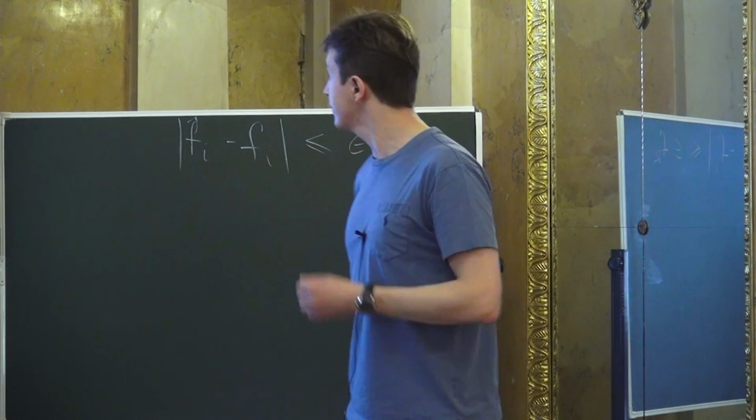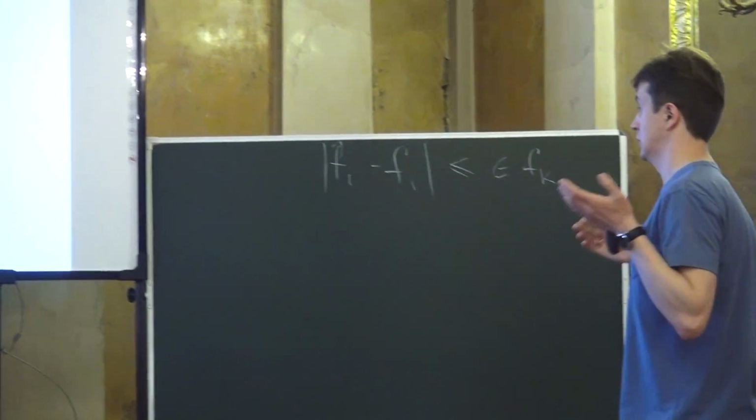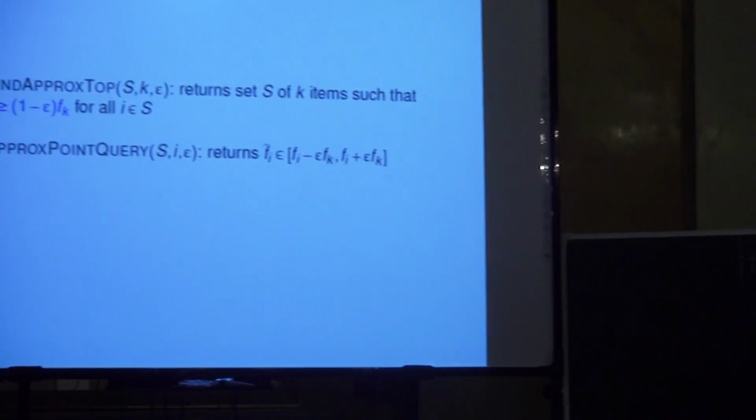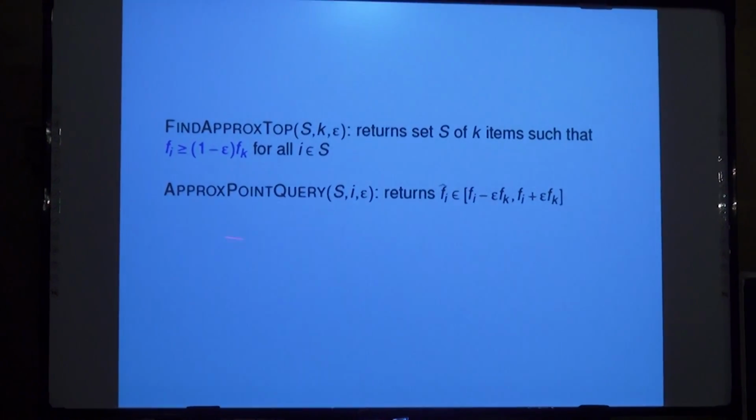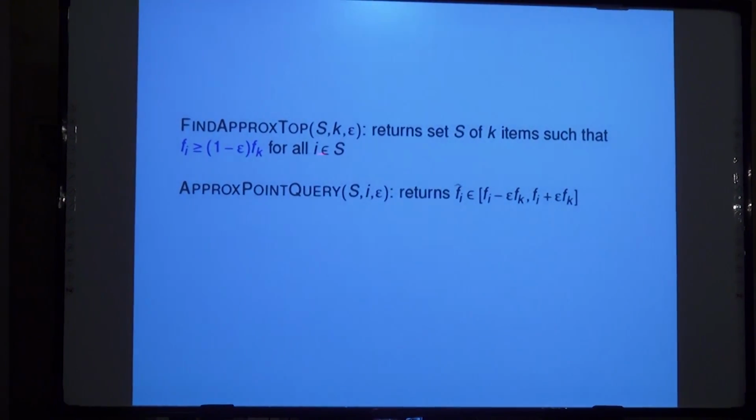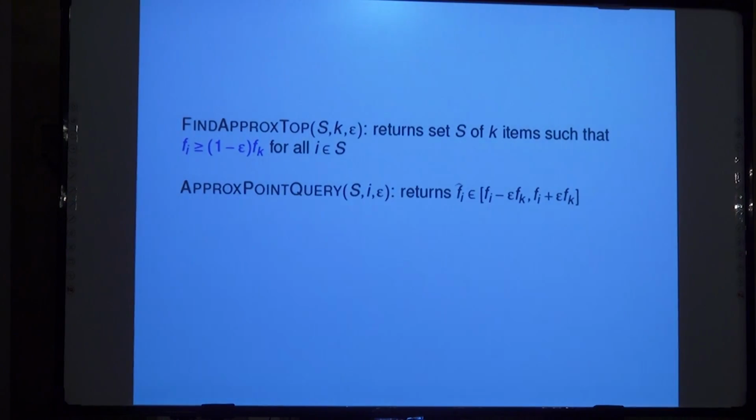All right, good. So a moment of contemplation reveals that if we design this approximate point query primitive with parameter epsilon, that will give us the guarantees that I just stated on the frequency counts f_i hat, then find approximate top will return a set of k items such that the items that we return will satisfy f_i hat is at least 1 minus epsilon times f_k.